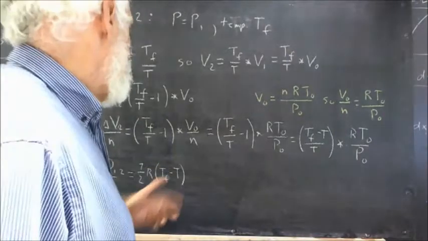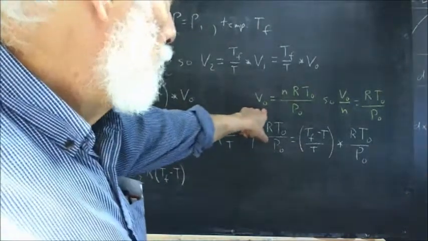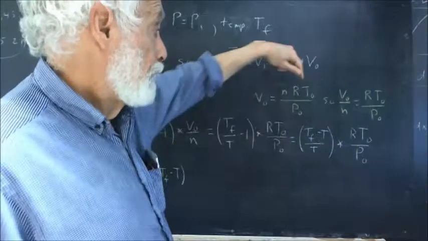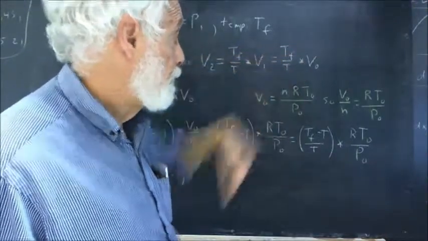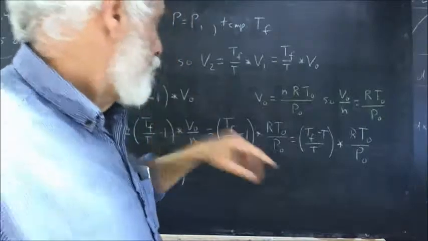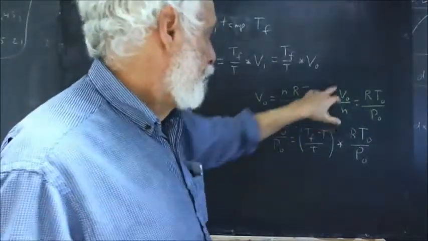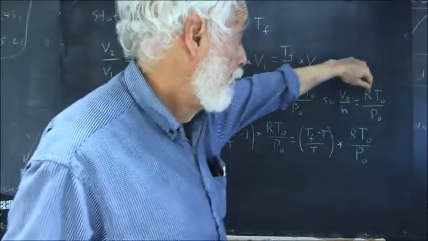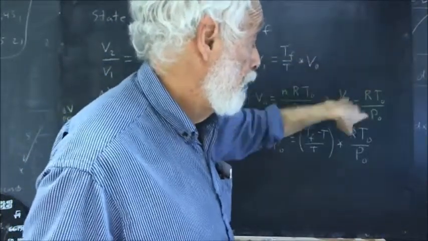Now, what about this V0? Well, V0 is nRT0 over P0. Now, we were given T0 and P0, so those are quantities that we presumably know. V0 over n, then, is just the same expression except the n is gone. So V0 over n is RT0 over P0.